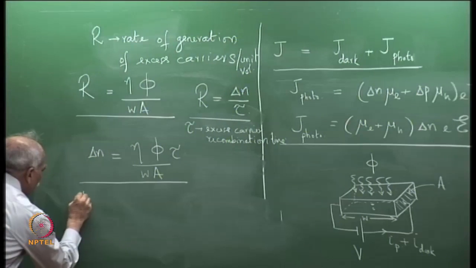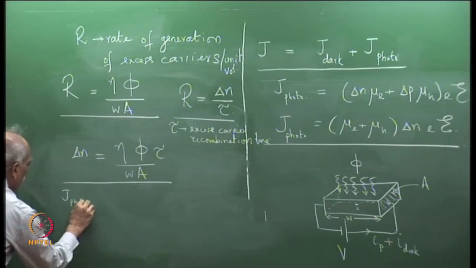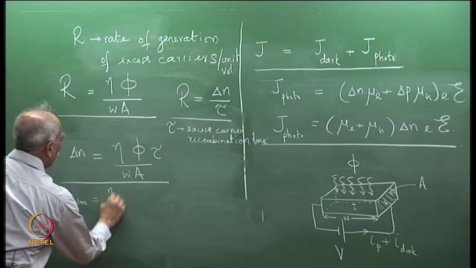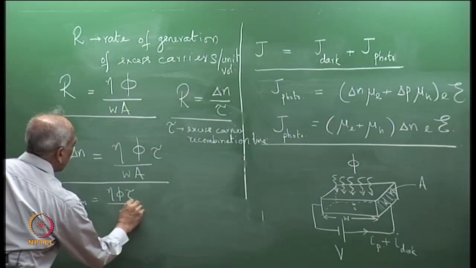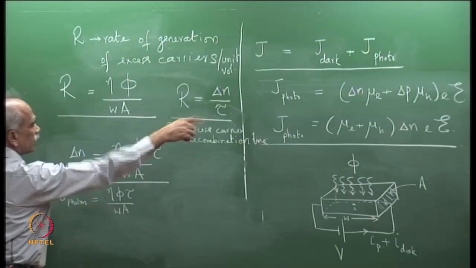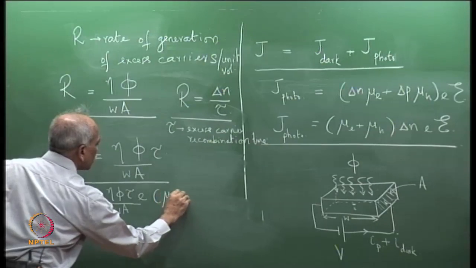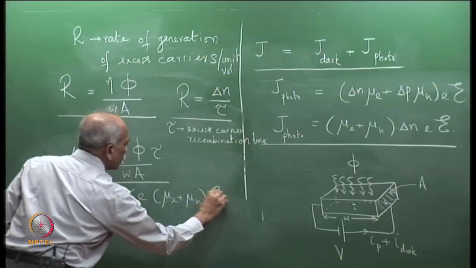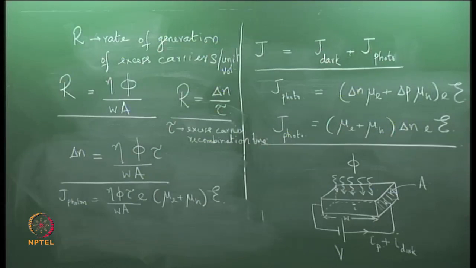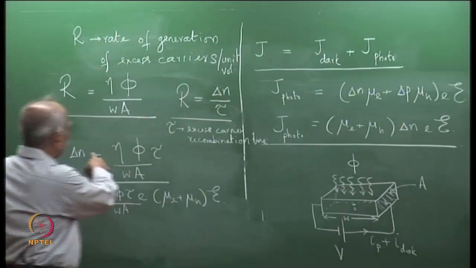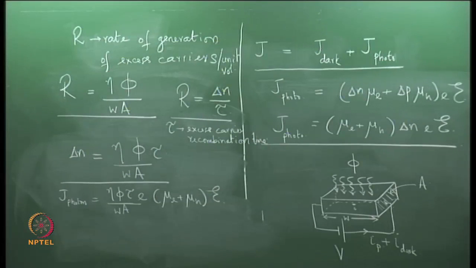So J photo, that is the photo generated current density, is equal to eta phi tau by WA, that is delta n, into e into mu e plus mu h into E. I have substituted from this expression here for delta n, that is all, the rest is the same.